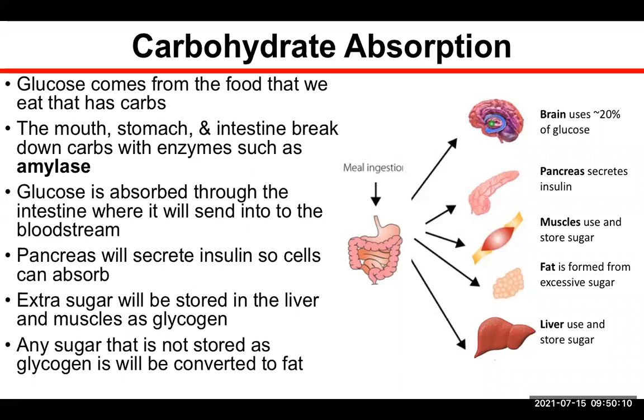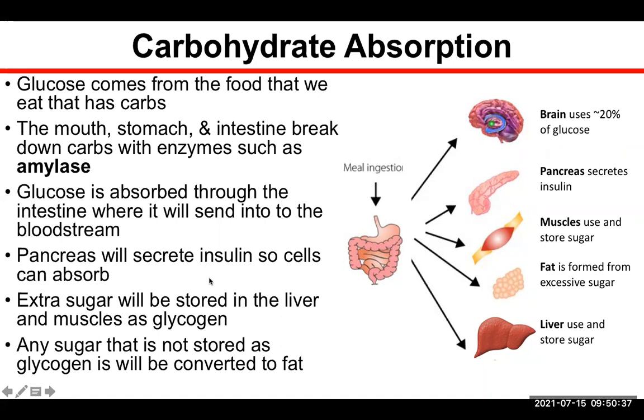Once the sugar's in the bloodstream, the body receives the signal that there's sugar in the blood above homeostatic levels, and insulin is going to be secreted. Insulin basically tells cells in the body to allow their glucose transporters to absorb this excess sugar that's in the blood.